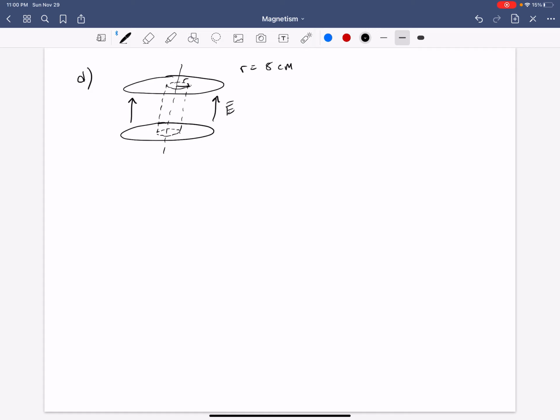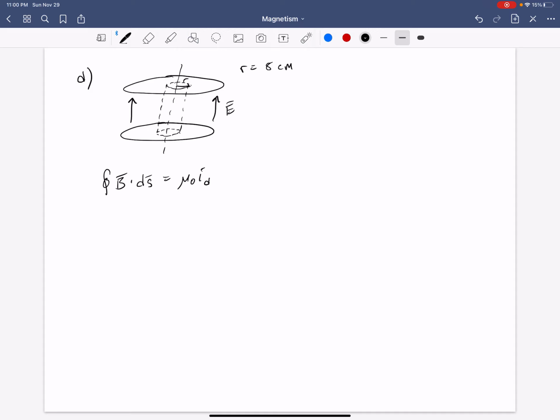Okay, so let's see. The full Maxwell's equation that includes the displacement current is the integral of B dot ds equal to mu naught times ID, which is the displacement current, right?